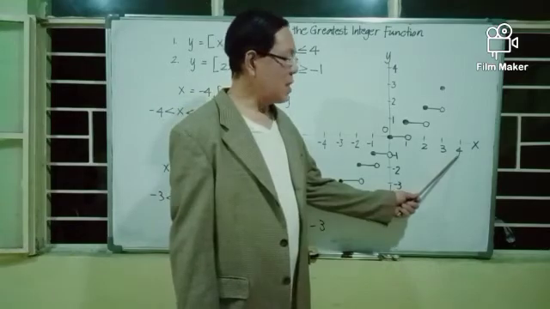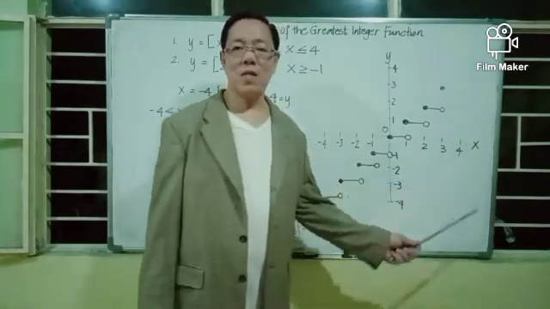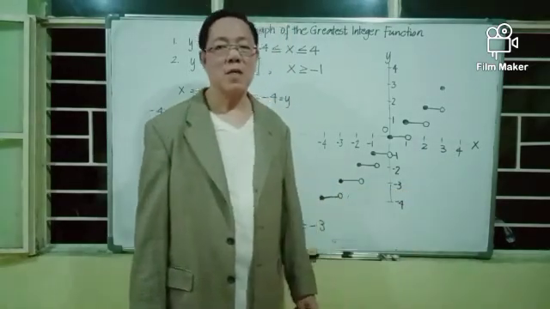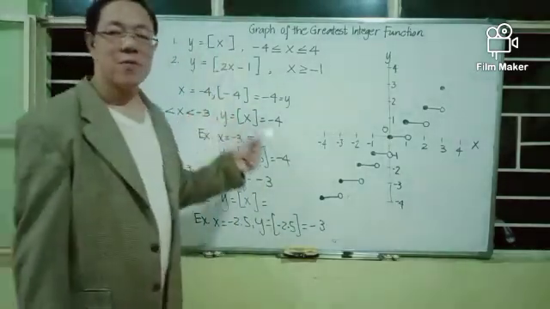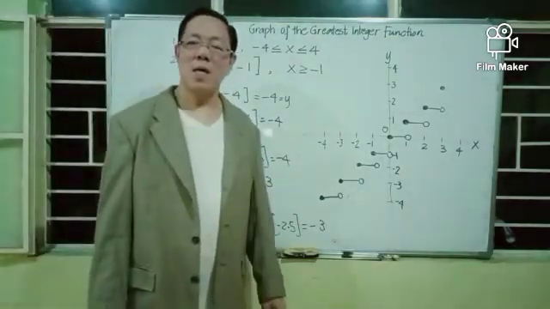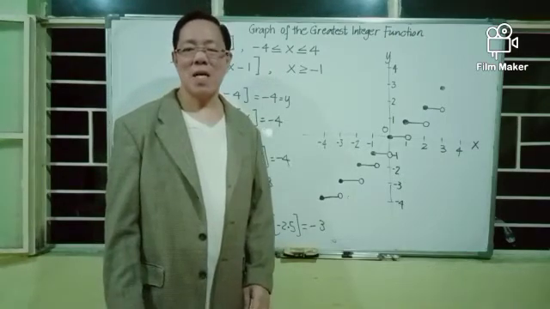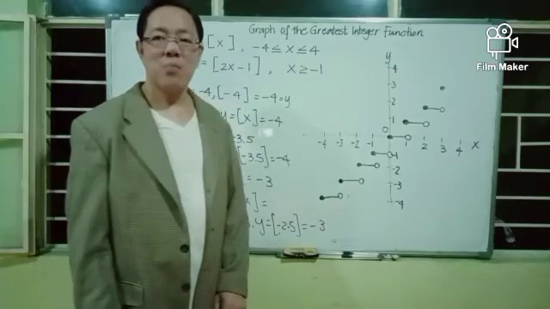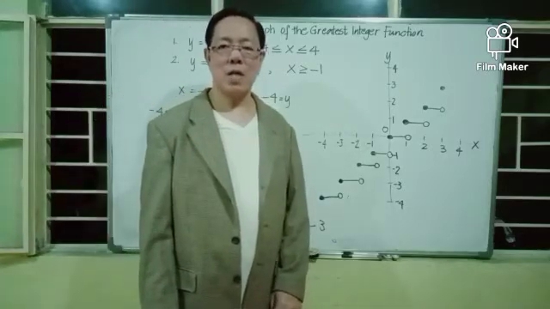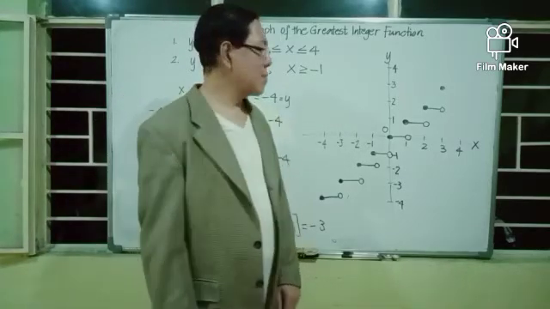If you take a real number very, very close to 4, say 3.99, y is equal to the floor of 3.99, and the floor of 3.99 is the largest integer less than 3.99, and that integer is 3.